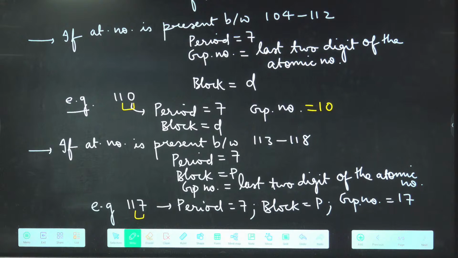AT.NO is basically atomic number. Okay, I have written that in short form. 112 is copernicium. 118 is oganesson.